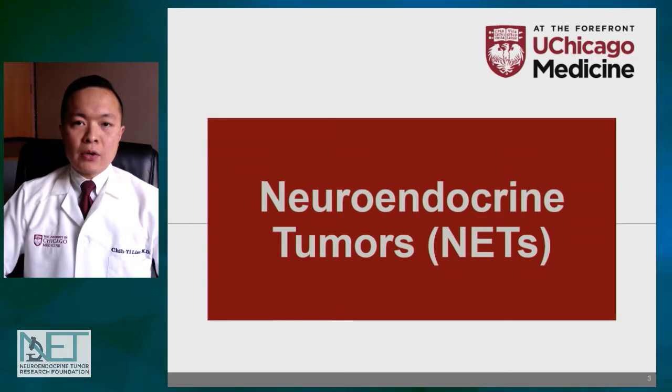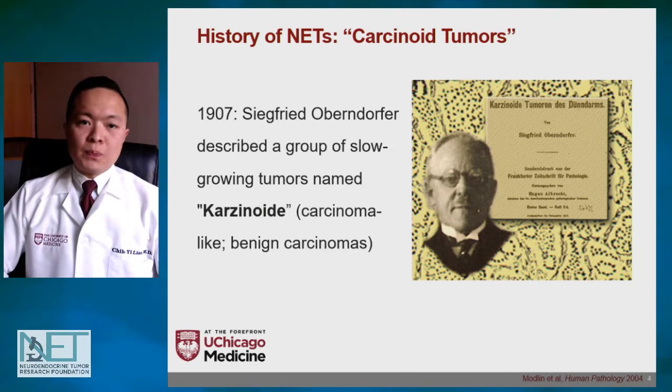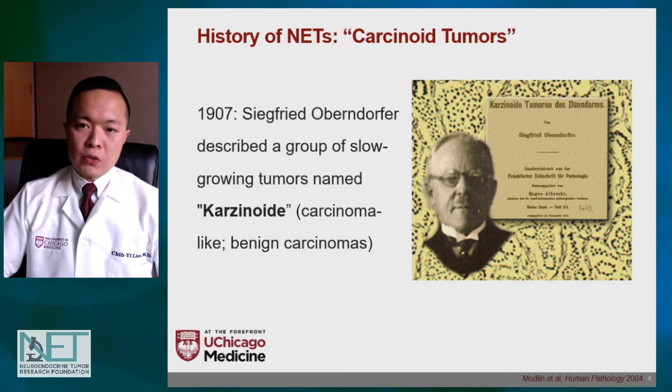So when we talk about neuroendocrine tumors, or NETs, it's useful to know a little bit about their history. Another term that you may have heard people use is carcinoid tumors.